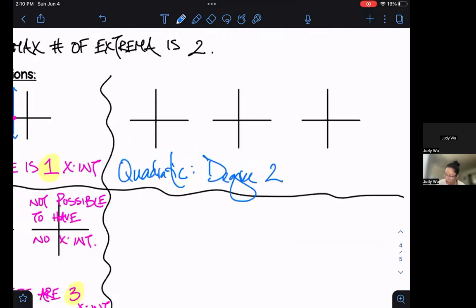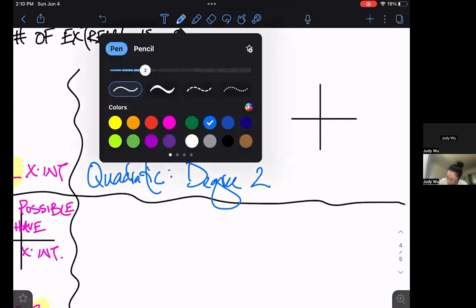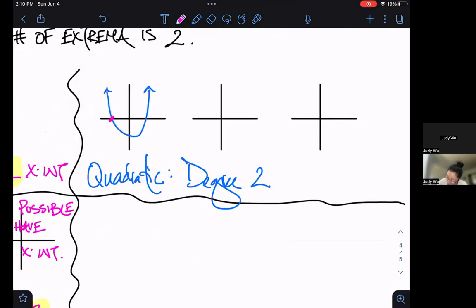And so I want to draw a quadratic that crosses the x-axis 2 times. And I could do something like this, right? We would have 1 intercept, 2 intercepts. All right, what about drawing a parabola that only has 1 x-intercept?